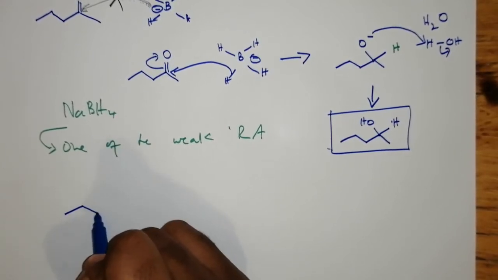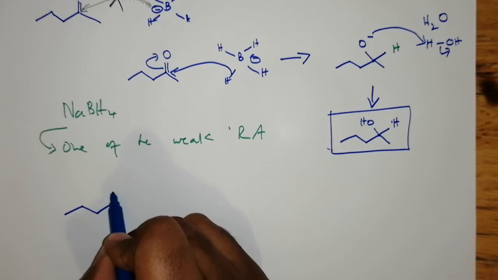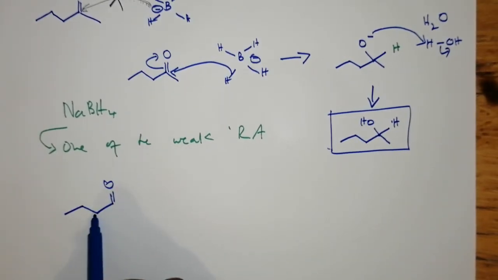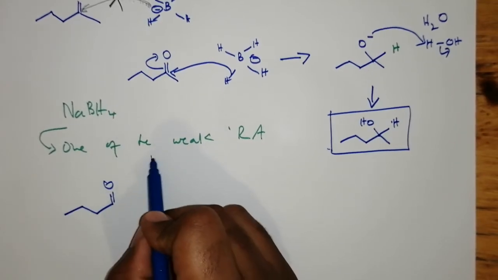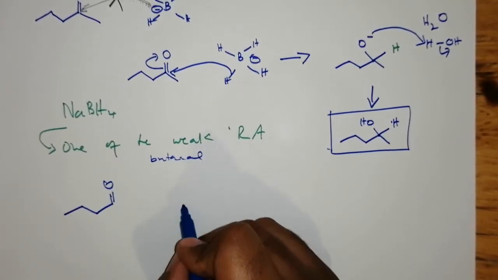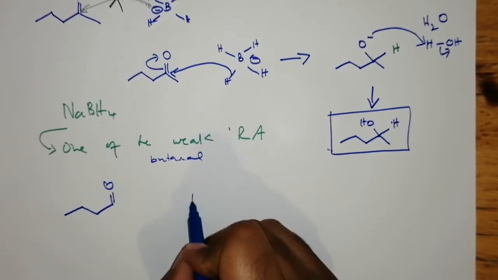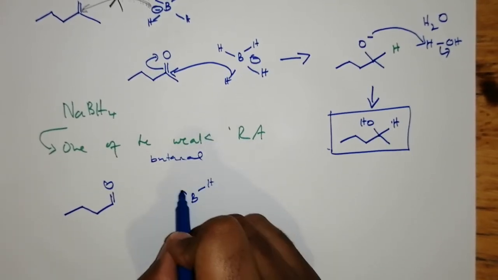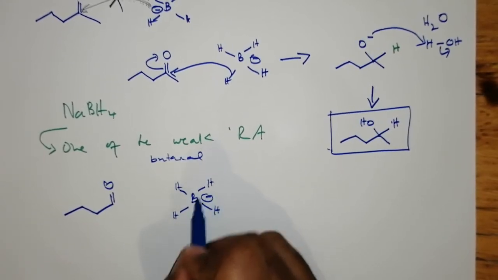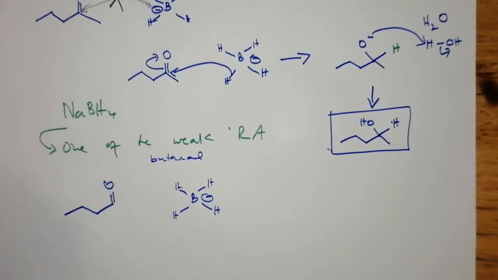So let's say we had an aldehyde like this, right? So what is the name? 1 2 3 4. So this is butanal, right? So what is going to happen here, guys, is that there is our nucleophile, and it's important to know that here it is actually the hydride that leaves, right?